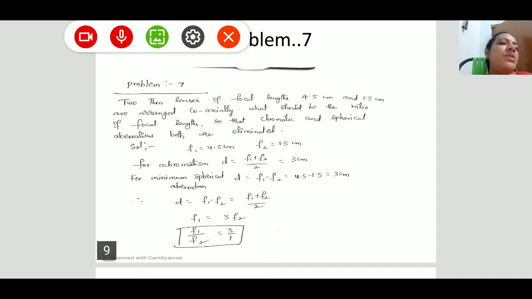This is a simple and twisting problem. In this problem two types of aberrations are removed, chromatic aberration as well as spherical aberration. Simply you have to write the conditions for the elimination of achromatism.